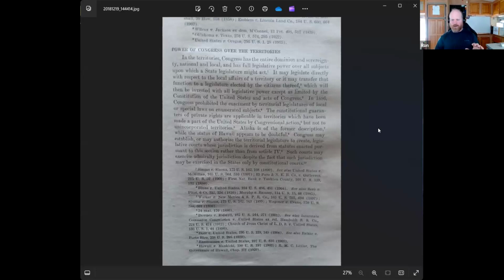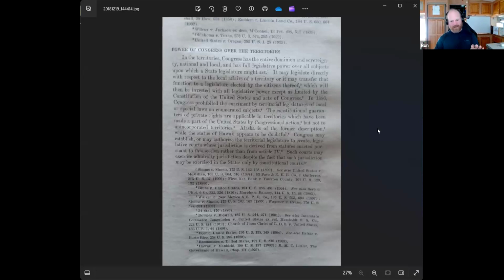So this is a resource for members of Congress in 1952. This is out of the Article 4, Section 3, Clause 2 portion of the encyclopedia.